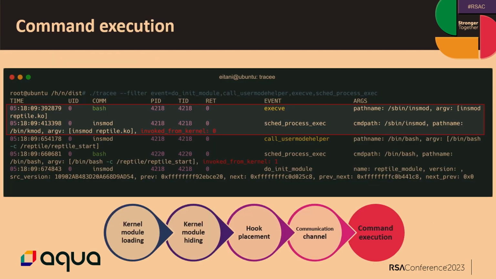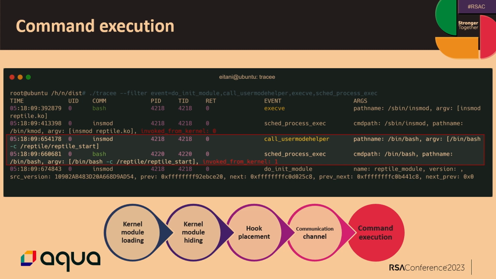Here we can see first an execve, meaning a normal execution, and below it we can see the sched_process_exec. In red, I don't know if you were able to see that because it's a weird color, we have the invoked_from_kernel flag, which is 0, meaning this process was spawned from the user space. Then below we have our call_usermodehelper, which was called by the Reptile rootkit.